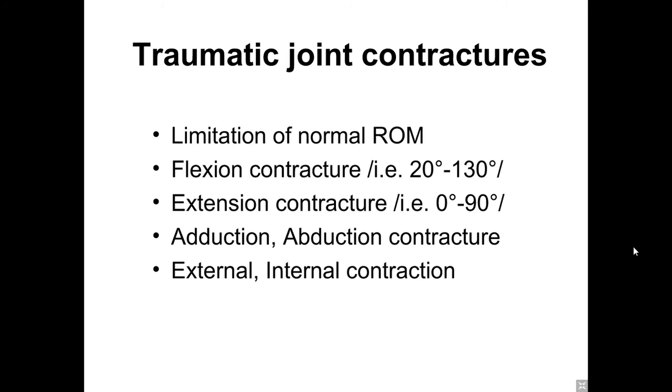In this way, we will reach a proper diagnosis of this condition, joint contracture. When we know the reason, we could solve the problem and cure the patient with joint contracture.